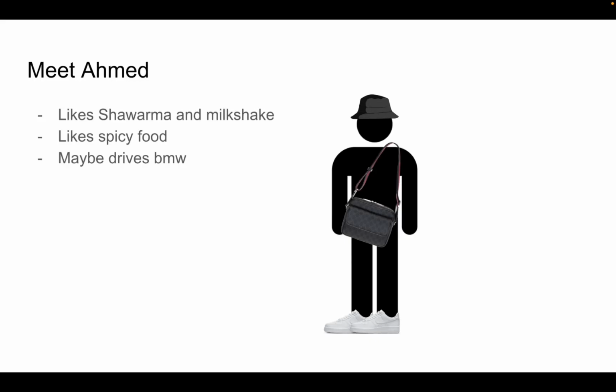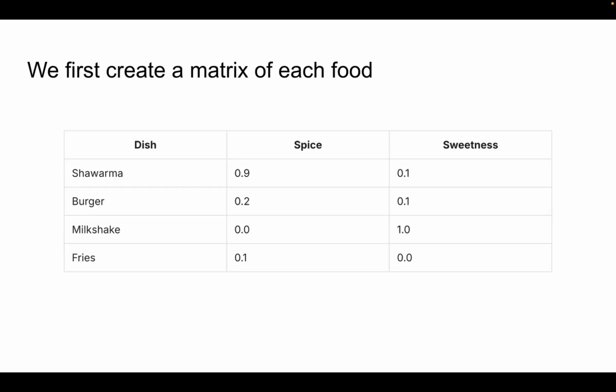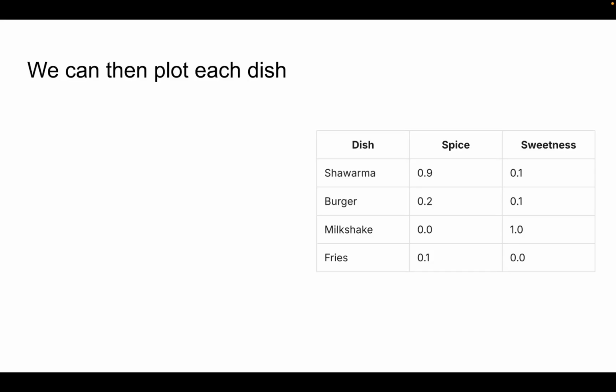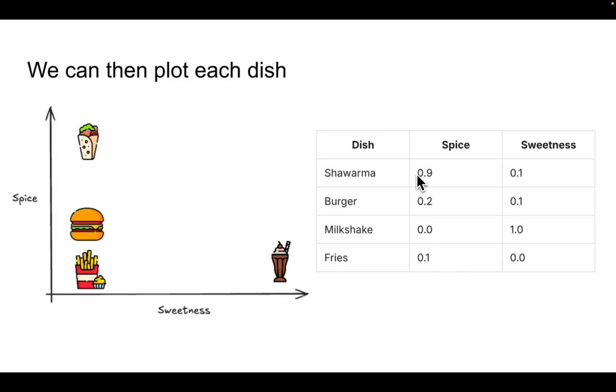And maybe drives a BMW. We want to predict what else he likes. We first create a matrix of each food, like this, where spiciness goes from 0 to 1 and sweetness also from 0 to 1. We can then plot each dish, and this is how it would look.